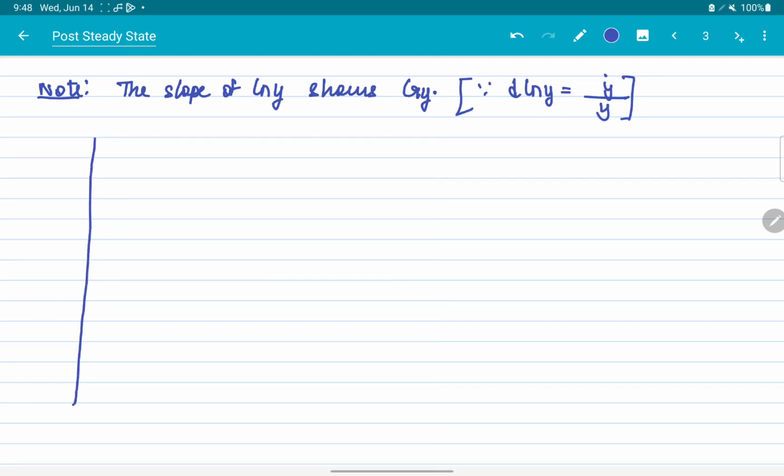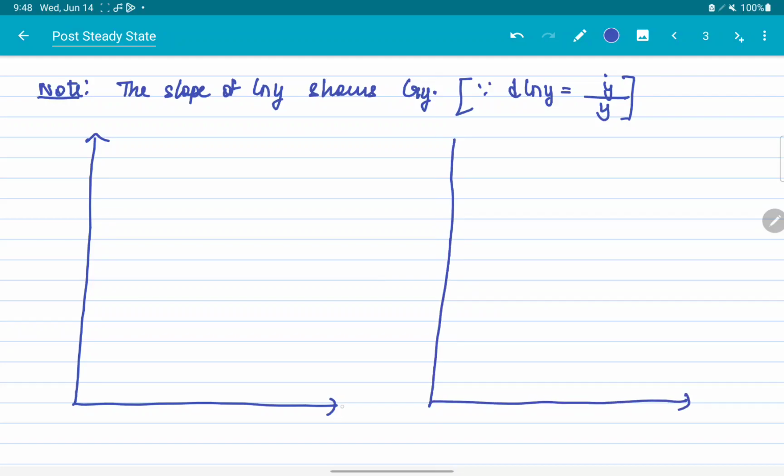Let's graph capital K and capital Y, small k and small y. Oh sorry, the axes are all wrong. This is t, and here you have ln capital K, ln capital Y. Here you have ln small k, ln small y.